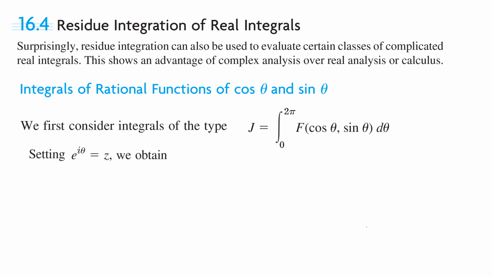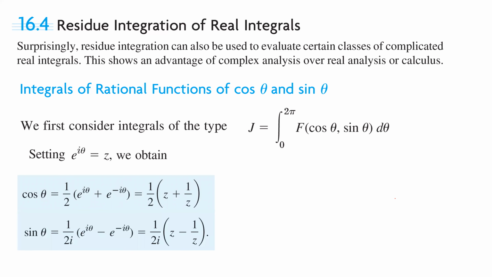We set e to the I theta equal to z. And then we get cosine theta, which is 1/2 of e to the I theta plus e to the negative I theta. So e to the I theta becomes z, e to the negative I theta becomes 1 over z. So cosine theta becomes 1/2 of z plus 1 over z, all right?